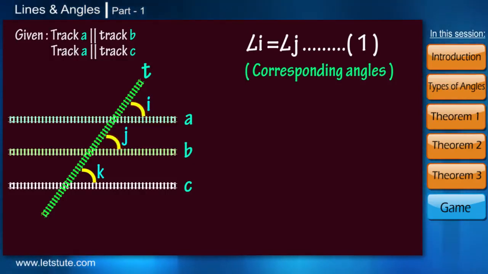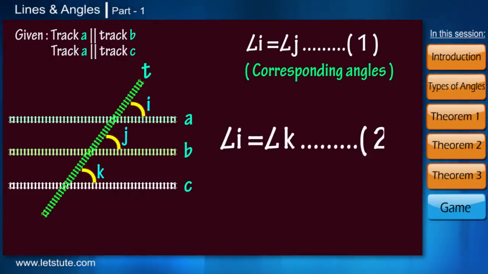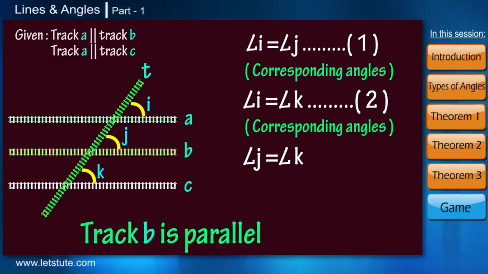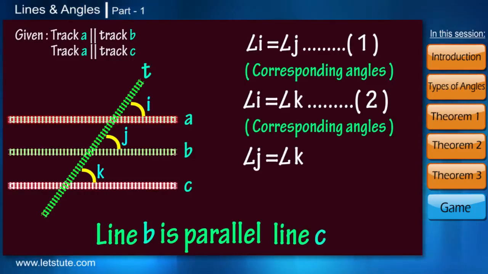And the same is with angle I and angle K. So from 1 and 2, we can say that angle J is equal to angle K. And as we just saw, when the 2 corresponding angles are equal, then the 2 tracks are parallel to each other. So from here we can conclude that track B is parallel to track C. And geometrically we can say that lines which are parallel to the same line are parallel to each other.